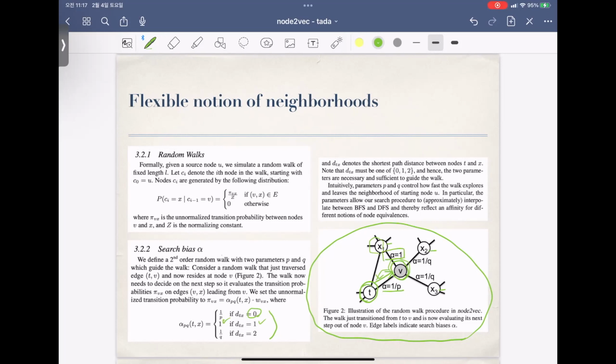However, X2 and X3 are 2 steps away from T. Therefore, a search parameter 1 over Q is set.